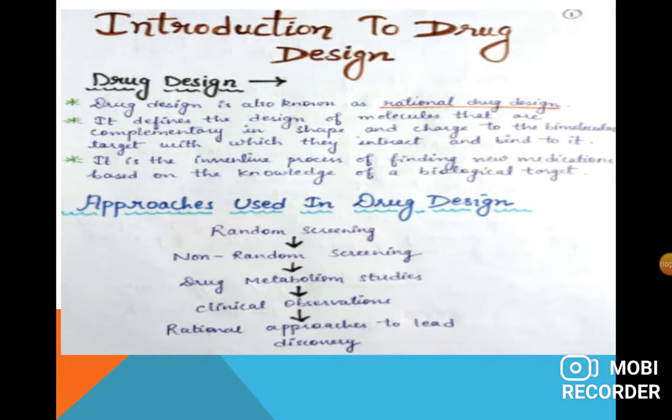It is the inventive process of finding new medication based on knowledge of a biological target. This process is based on the biological target molecule and how the drug binds to the biological target, either covalently or with another, irreversible binding or reversible binding.